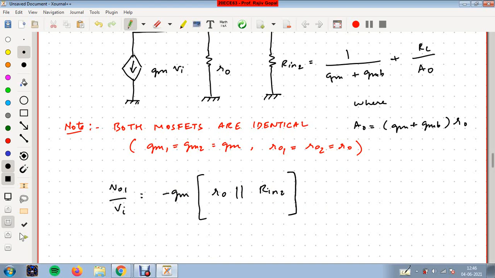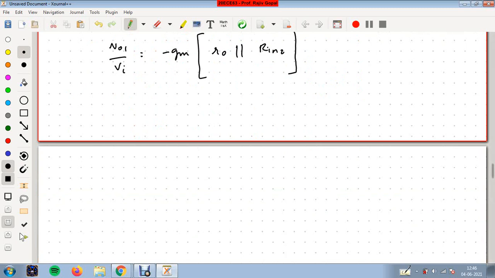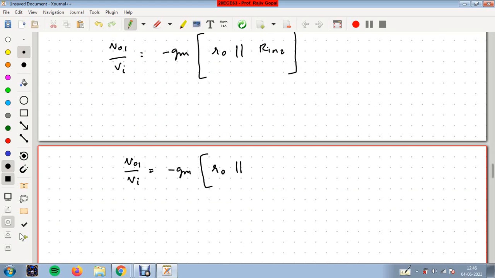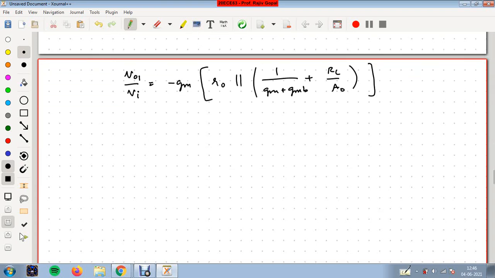To further expand that, V01 divided by Vi is equal to minus gm times R0 parallel 1 by gm plus gmb, plus RL divided by A0. So this is what we get.